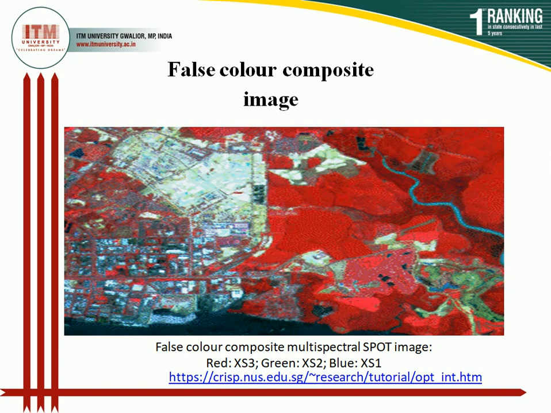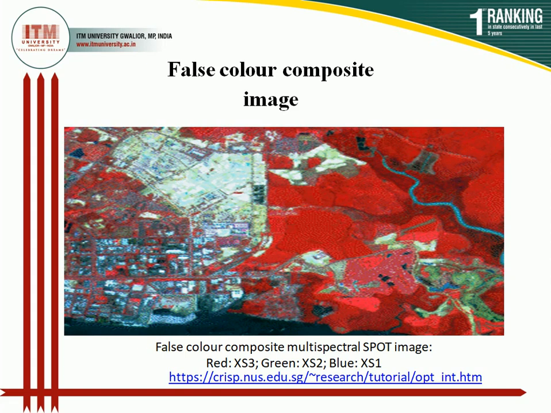So vegetation appears reddish in color, means the shades of red represent different types of vegetation according to the species and location. The water appears blue in color, okay, as reflected in the green band.